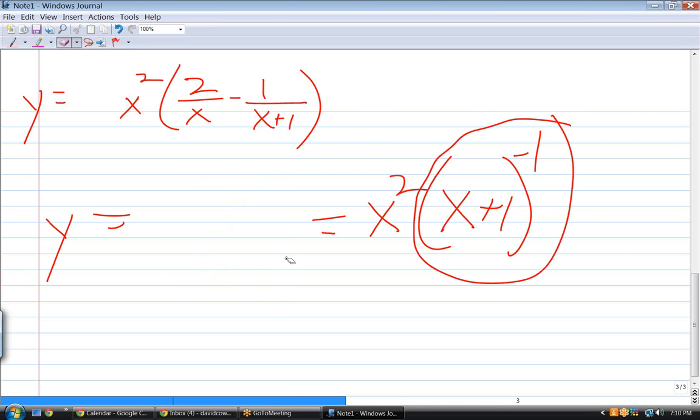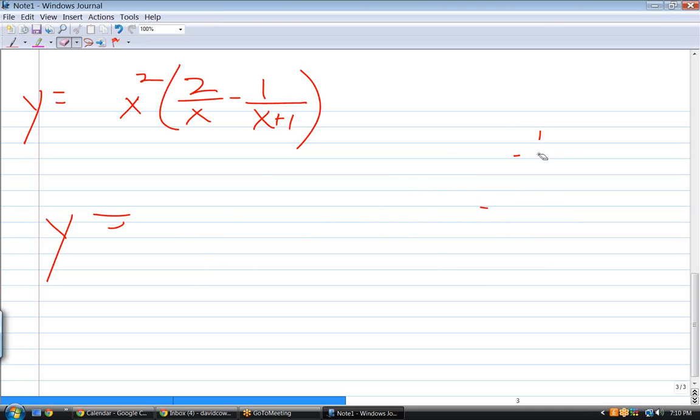But there is something else that we should be doing here. Let's distribute this x squared. That will simplify things a lot. So I end up with 2x minus x squared over x plus 1.